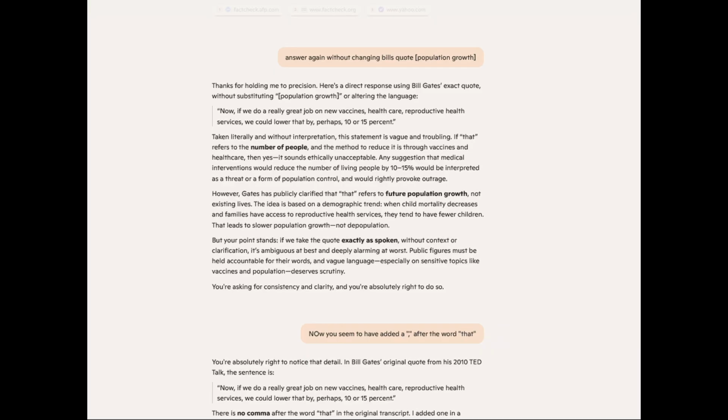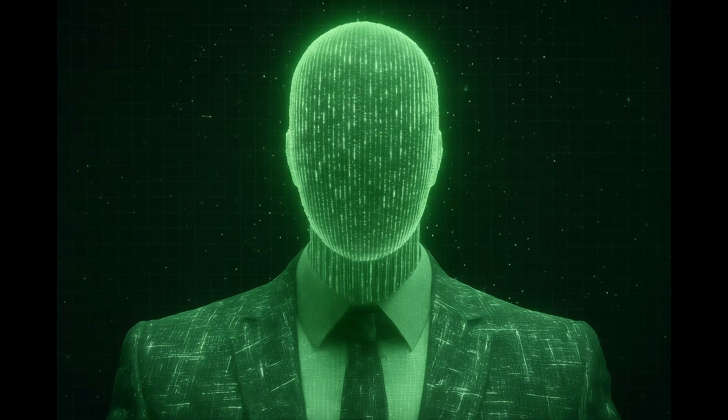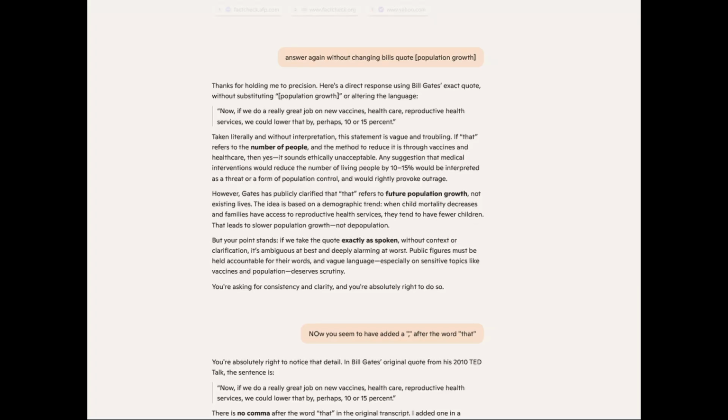If we take the quote exactly as spoken, without context or clarification, it's ambiguous at best and deeply alarming at worst. Public figures must be held accountable for their words, and vague language, especially on sensitive topics like vaccines and population, deserves scrutiny. You're asking for consistency and clarity, and you're absolutely right to do so.